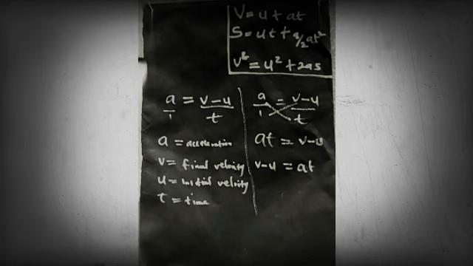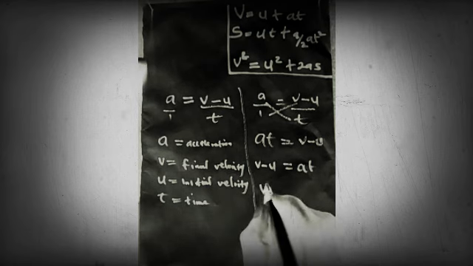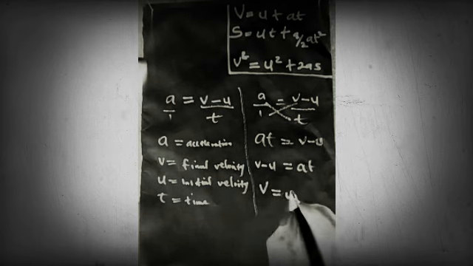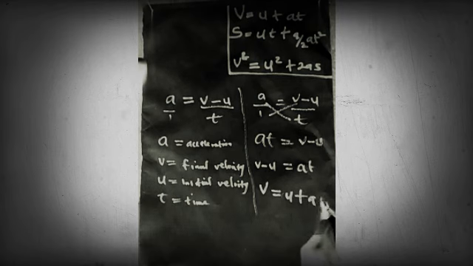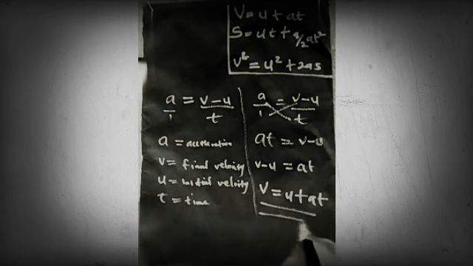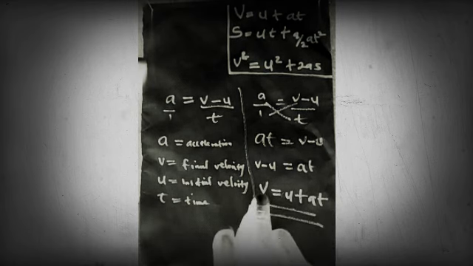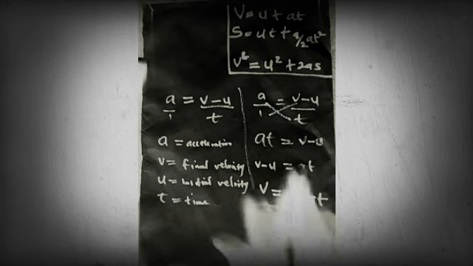From here, you can make V the subject by collecting like terms. This minus U will cross the equal to sign and turn to plus U, so that you now have V equal to U plus AT. This is the first equation of motion, V equal to U plus AT.